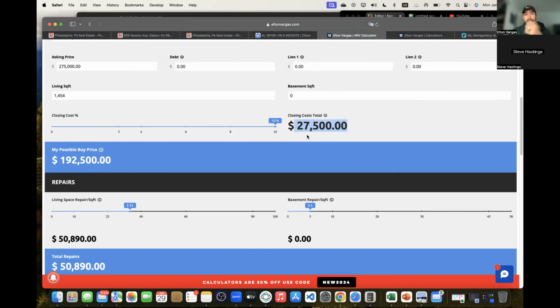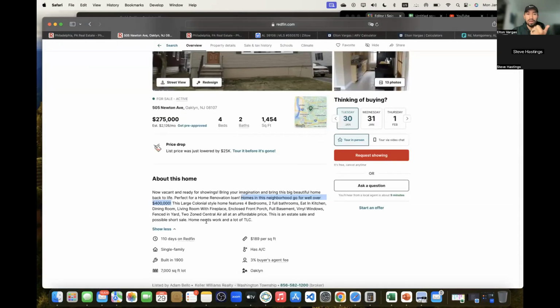Additionally, because it is listed with an agent, I'll let the agent know, look, I don't have anyone representing me. I'm not sure if you're able to represent me as the buyer, so that way you can get double the commission. Again, it's an incentive to the agent because it's been sitting for 100 days. It was under contract, but it got relisted because whatever happened with the end buyer, it just didn't work out.